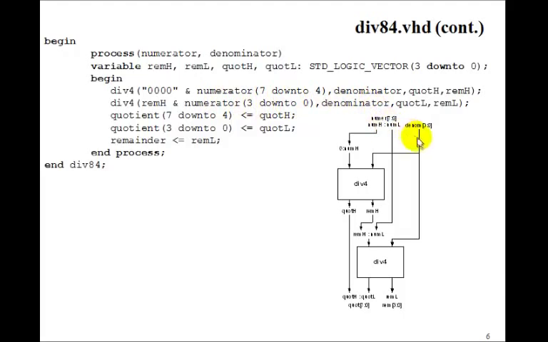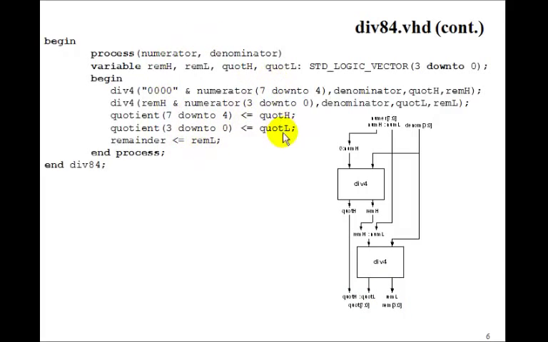The same denominator comes in, and the output will be quotient low and remainder low. Then the output 8-bit quotient, 7 down to 0, will be made up of quotient 7 down to 4 is quotient high, quotient 3 down to 0 is quotient low, and then the output remainder is just remainder low.